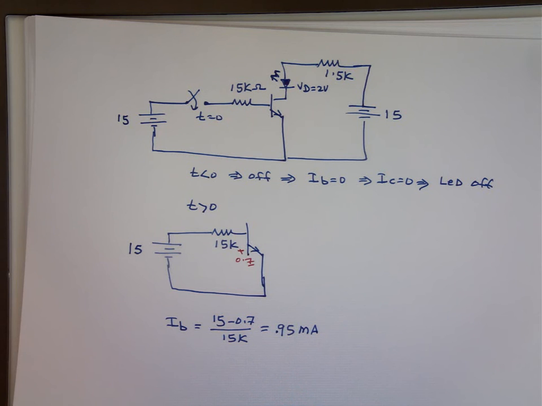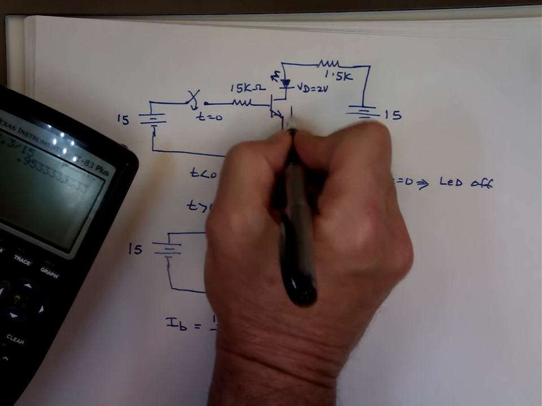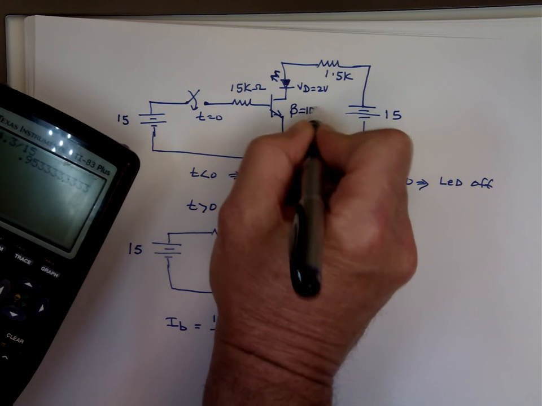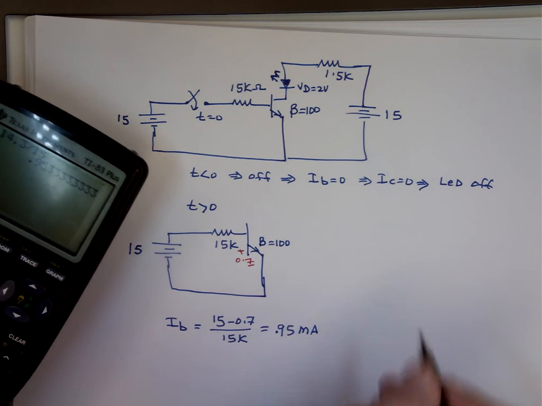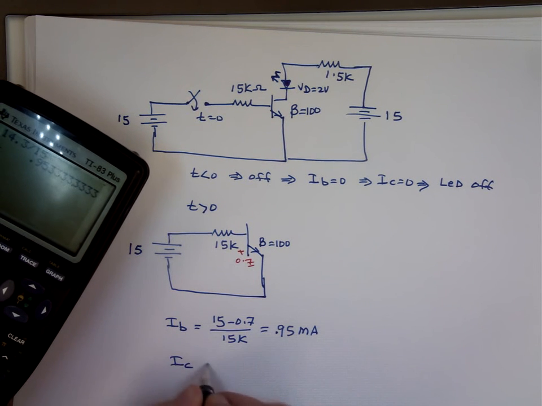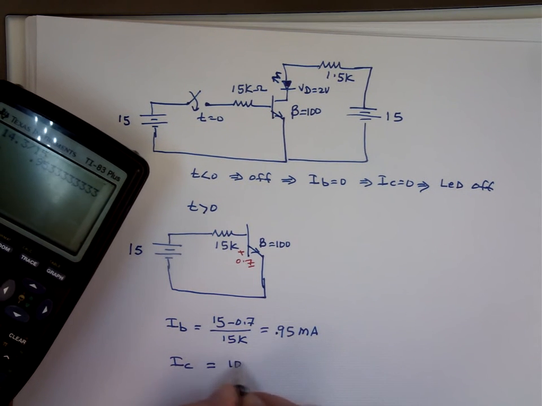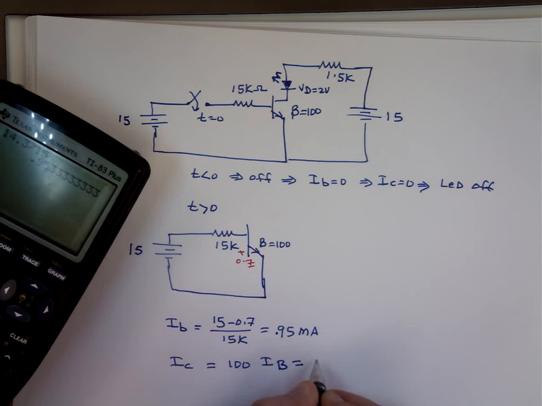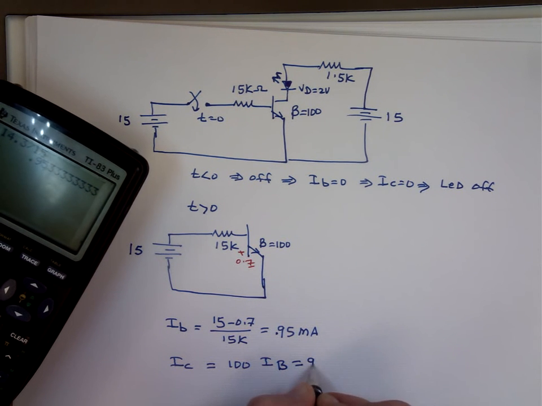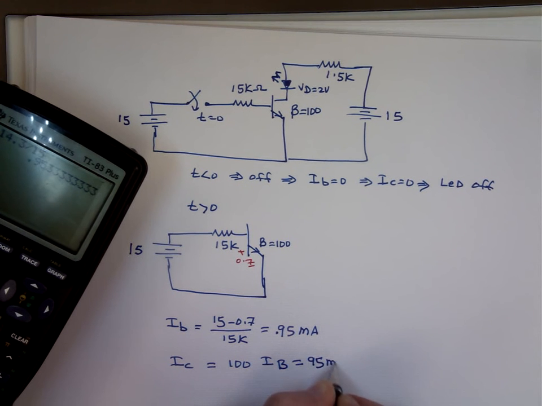Let's assume beta is 100 just to make the math easy. That means I sub C is going to be what? 100 times I sub B, which is 95 milliamp. I can't think now.